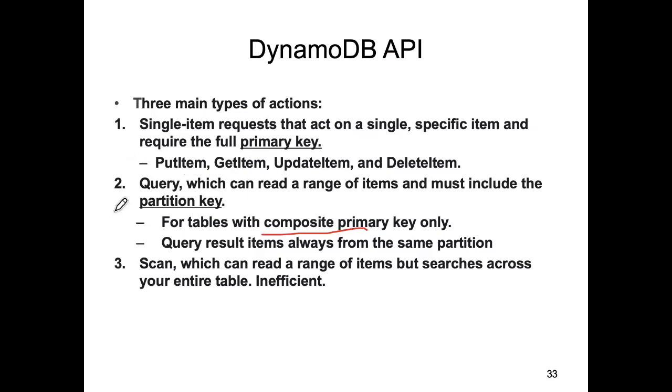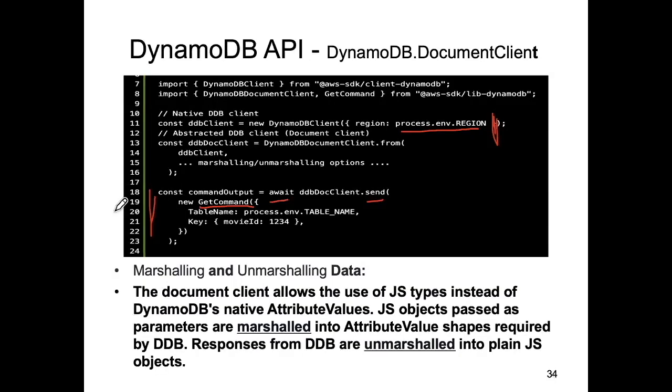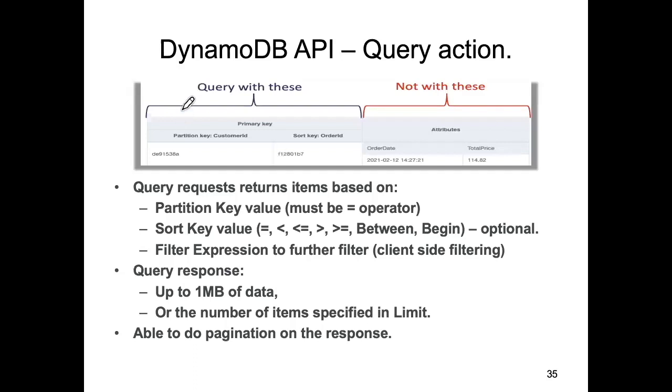We know now that we can only perform queries on a table that has a composite primary key, a combination of a partition key and a sort key. So I'm reiterating that point here: you can only query on the basis of your partition key, sort key combination. You can't query on the basis of other attributes associated with an item.